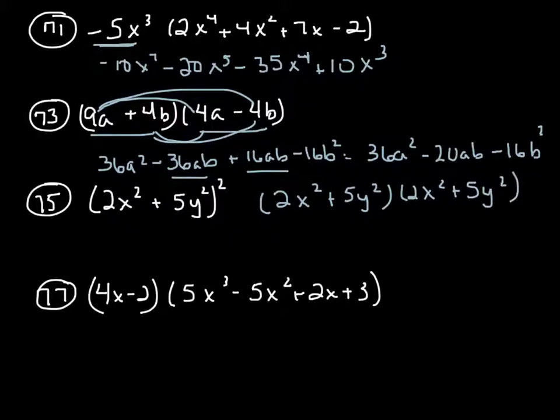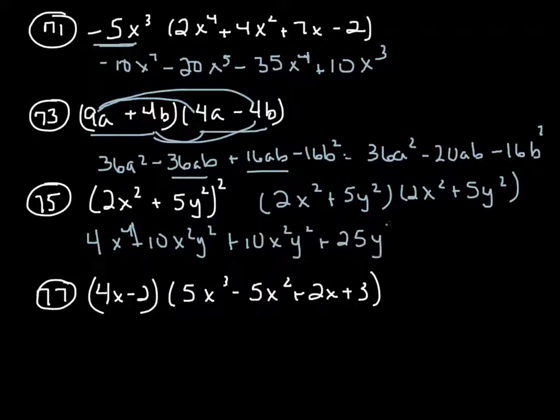And then we can FOIL that out. First would give me 4x to the 4th, outer, plus 10x squared y squared, inner, plus 10x squared y squared, and last, 25y to the 4th.